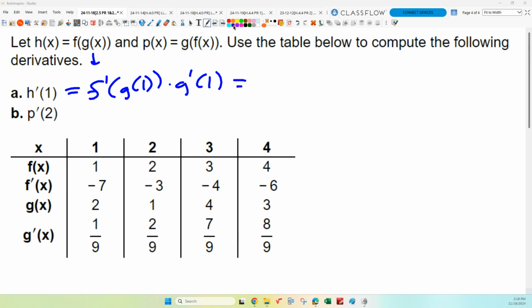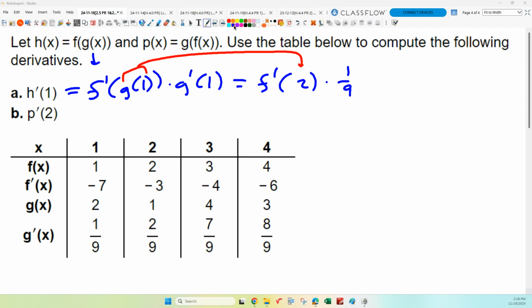Okay, so what is g of 1? Well, g of 1 looks like it's 2, right? So that's giving me f prime of 2 times g prime of 1, which is 1/9, right?